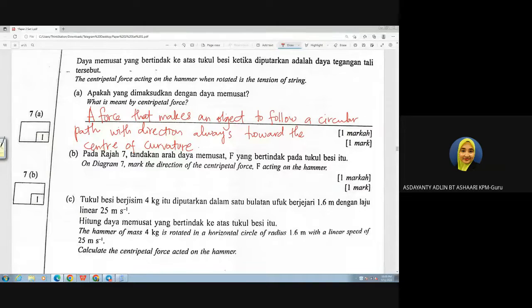Okay, a force that makes an object follow a circular path with direction always towards the center of curvature.